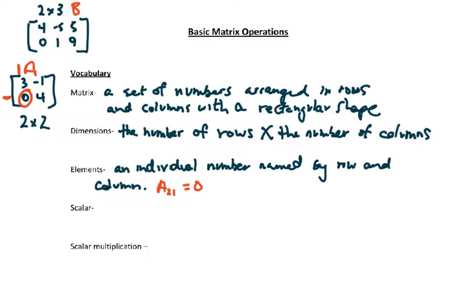And let's say we wanted to do B 2,2, the second row, second column, which leads us to 1. So they might ask you about an individual element. This notation with these subscripts, that's what that's all about. It's about finding one number inside a matrix.